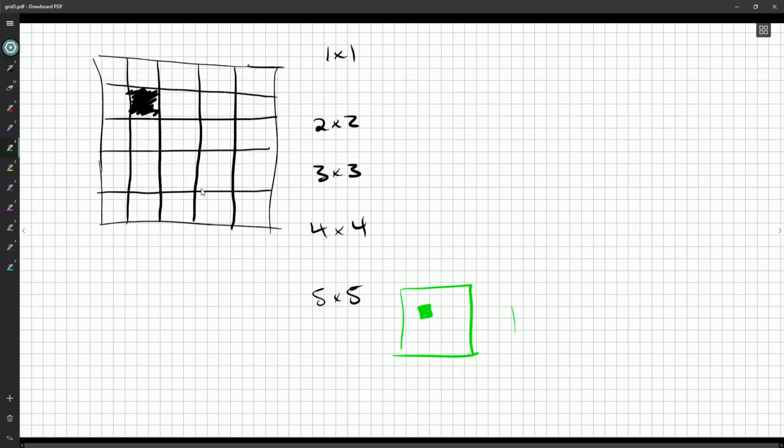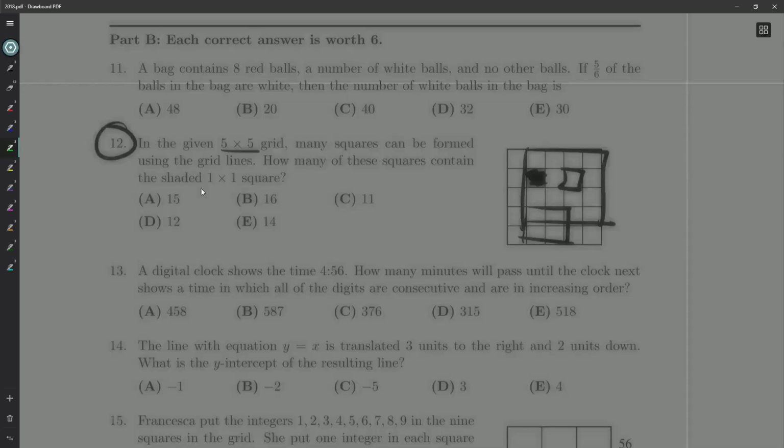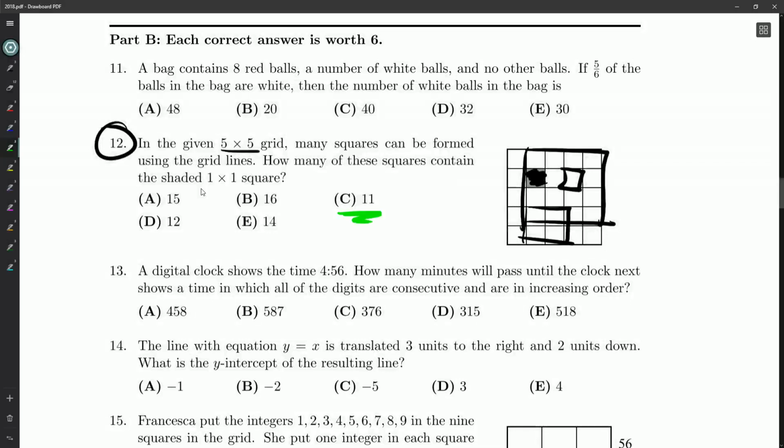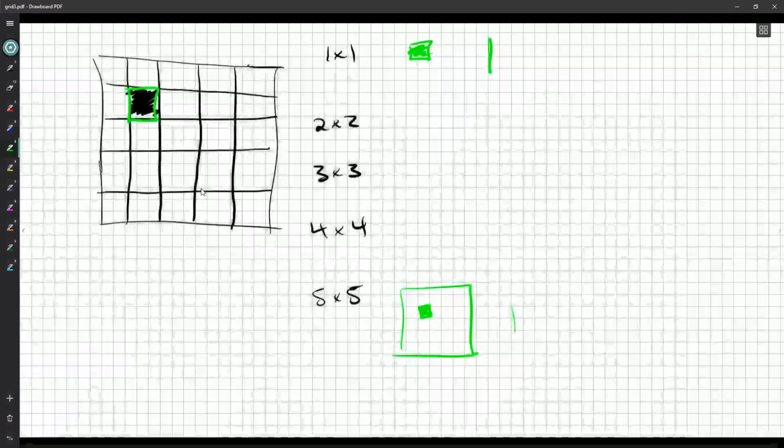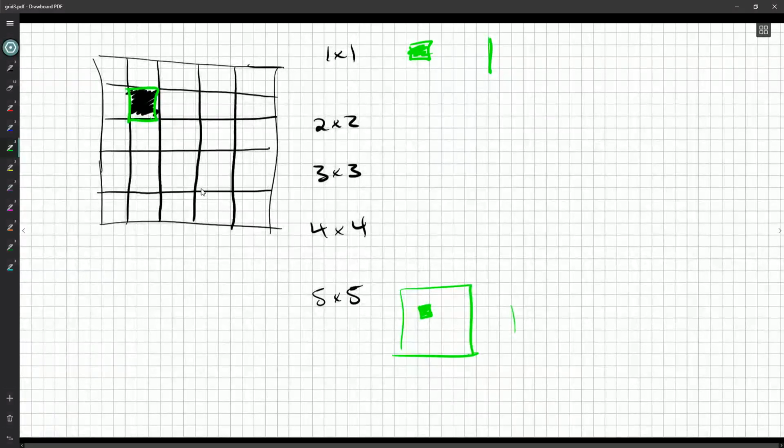Now, if we're looking at 1x1s, really you could just draw the single 1x1 around it. That's the only 1x1 square that's going to contain our grid. So there's another 1. So we're up to 2 already. Now this isn't inspiring, because if you take a look at the answers, we need at least 11. At least 11 or we aren't doing well. So now let's think, okay, 2x2s.